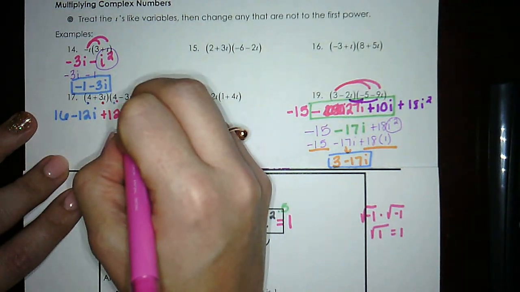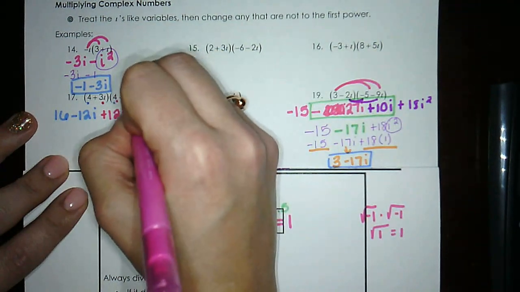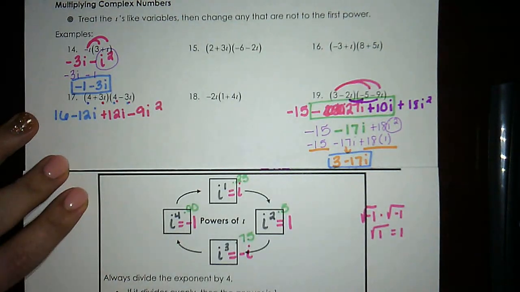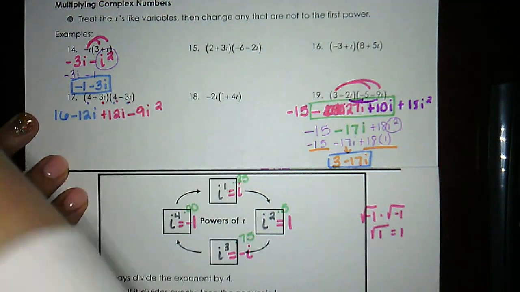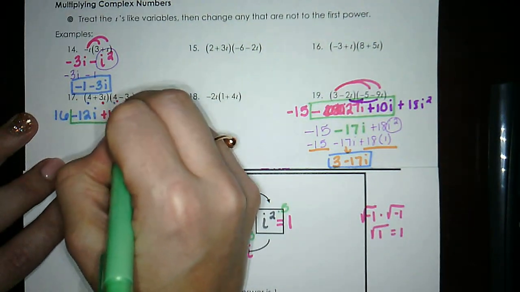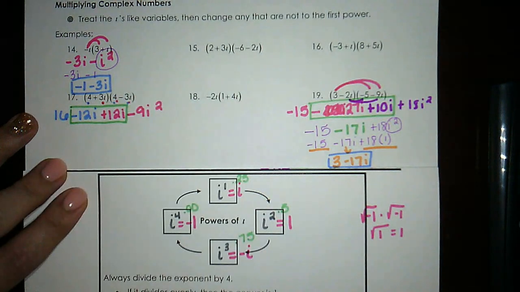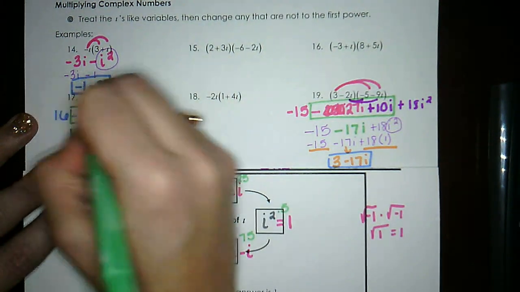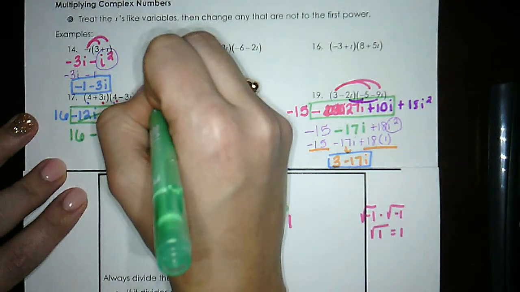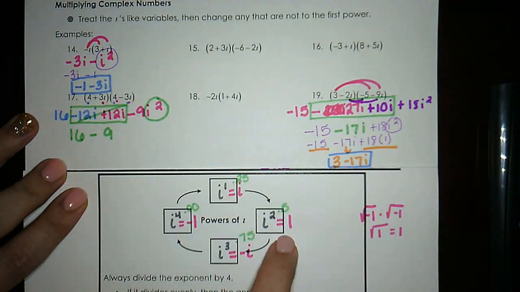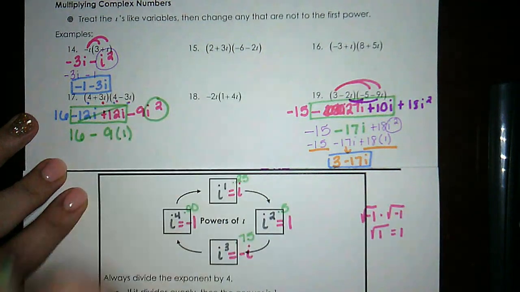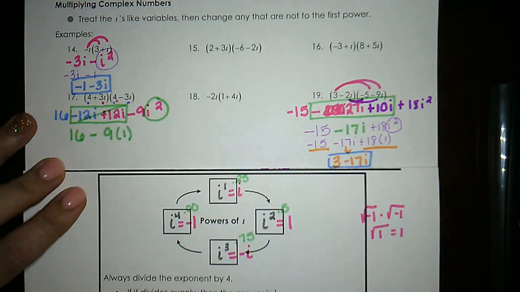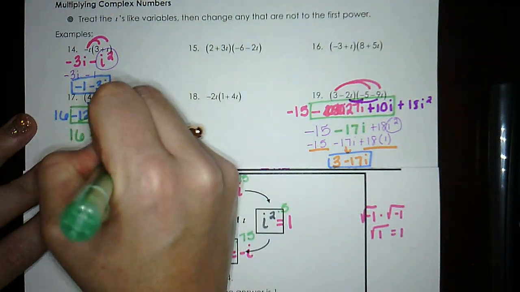And 3i times -3i is a -9i squared. If we look here to simplify and combine like terms, -12i and a positive 12i, they go away. So we're left with 16 minus 9. i squared is -1. So 16 plus 9 is 25.